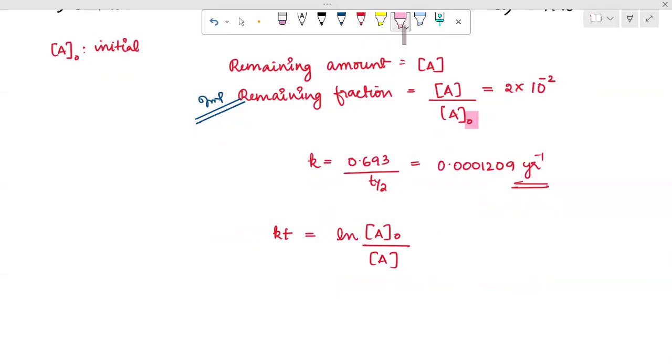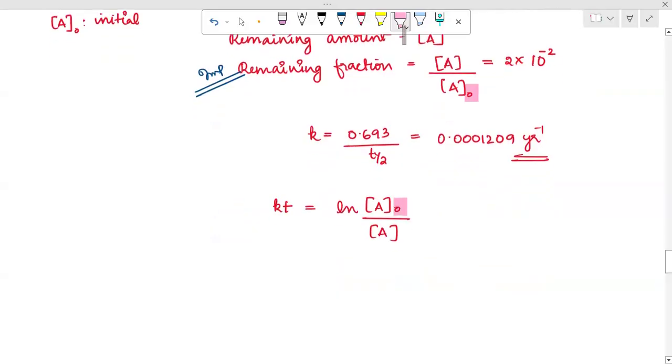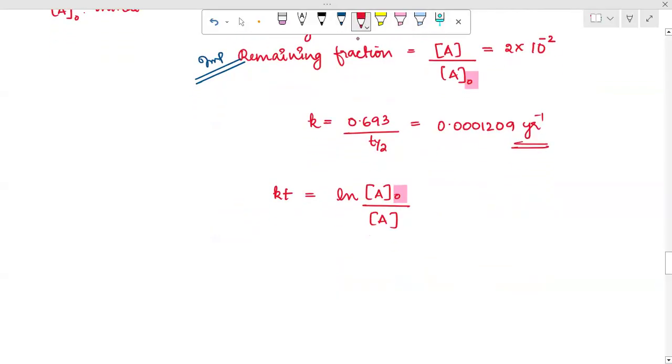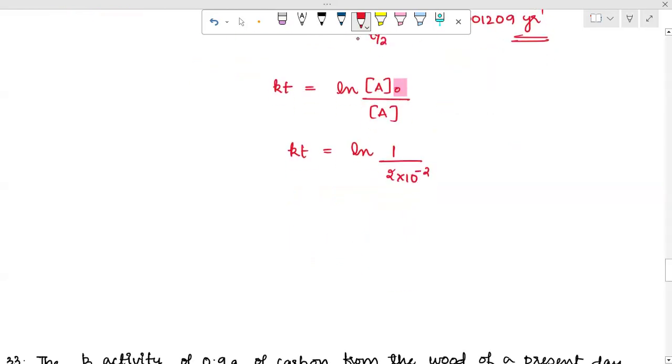And in the equation we have A naught by A. So we will write it as Kt is equal to ln of, it is the ulta, we'll take the reciprocal, 1 by 2 into 10 to the power minus 2. Okay. So time is equal to 1 by 0.0001209 per year, ln of 1 by 2 into 10 to the power minus 2.